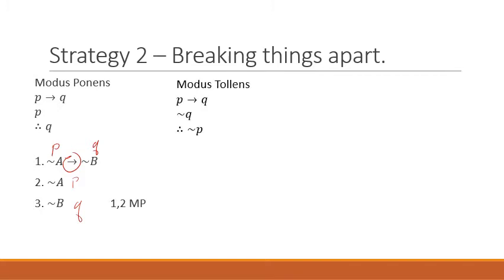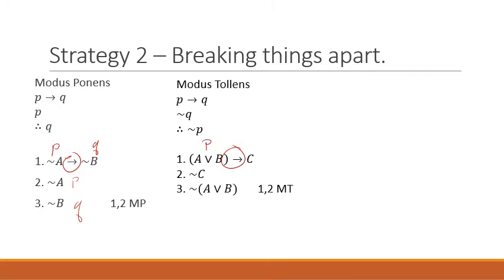Modus tollens, similar kind of situation, but it requires the negation of the consequent. So here's a complicated sentence, right? If A or B, then C. So the main connective here is the arrow again, the conditional.